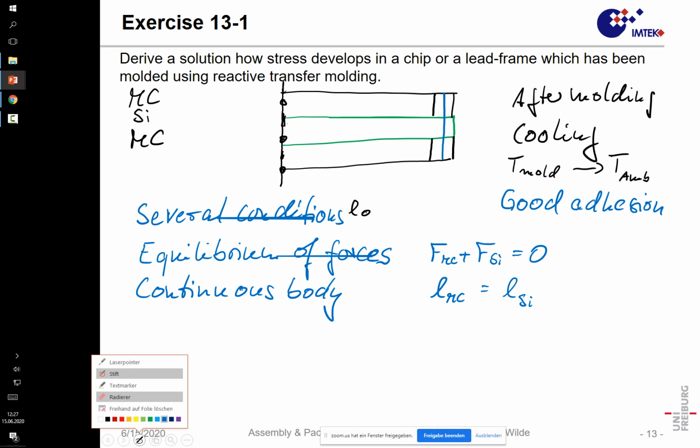Yes. What do you have, an idea? What else is needed? How do we describe thermal expansion? Yes, how do we describe a small formula giving us thermal expansion?